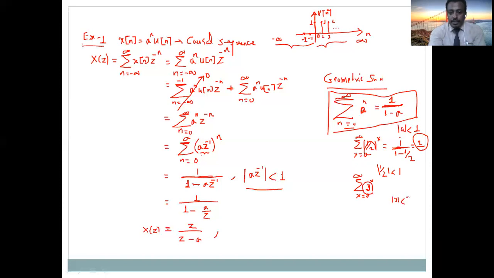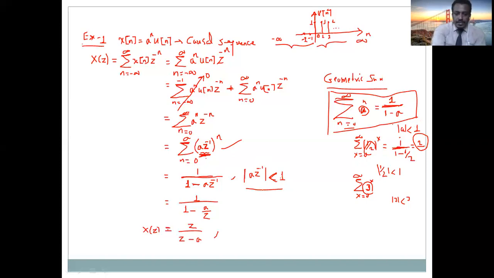For any power series to converge, the absolute value of a must be less than 1. Similarly here, our a times z to the power of -1, its absolute value must be less than 1. Otherwise, this summation will diverge, it will be infinity.